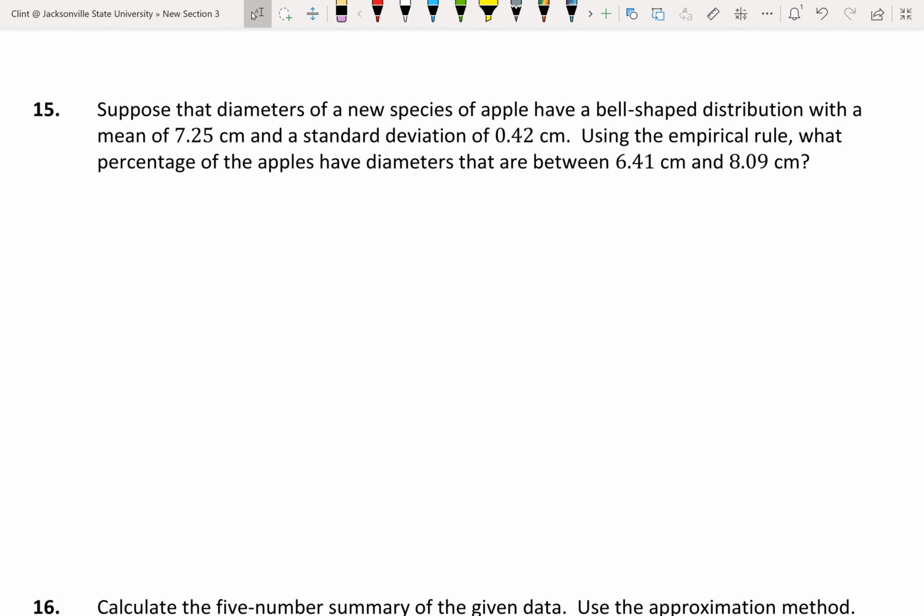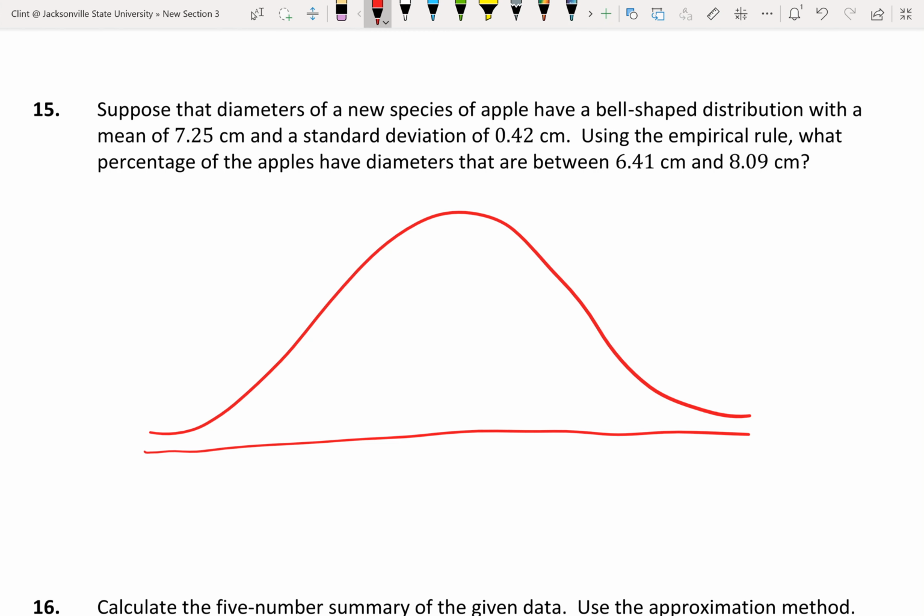So the way I like to do these, and you don't necessarily have to work them this way, is to label everything. So it says my mean is 7.25. And then I'm going to figure out where 1, 2, and 3 standard deviations above that, and 1, 2, and 3 standard deviations below that will be.